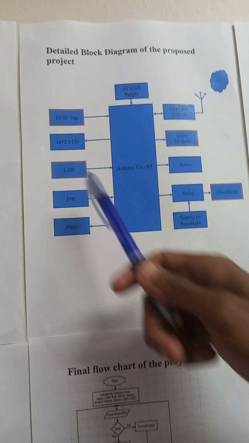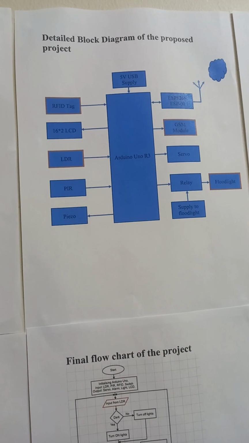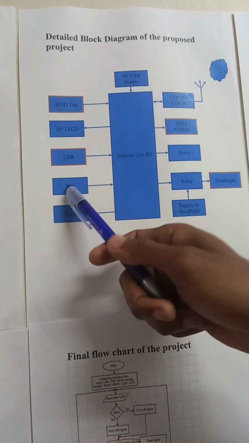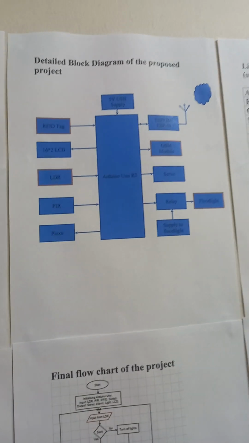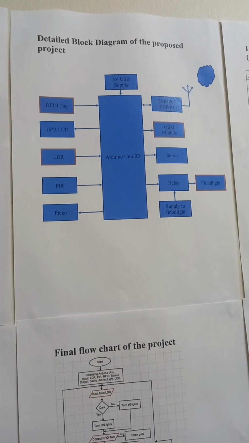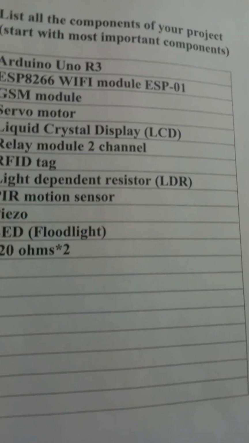The LDR, as I mentioned, is to detect the light, and the PIR, which measures or senses motion. Okay, now let me take you to the list of my components that were used.